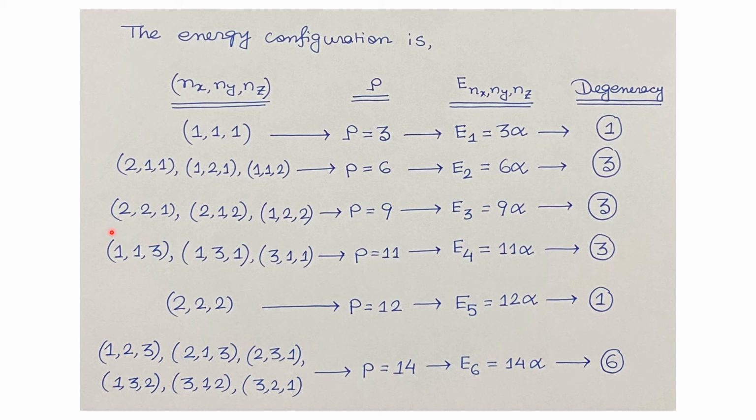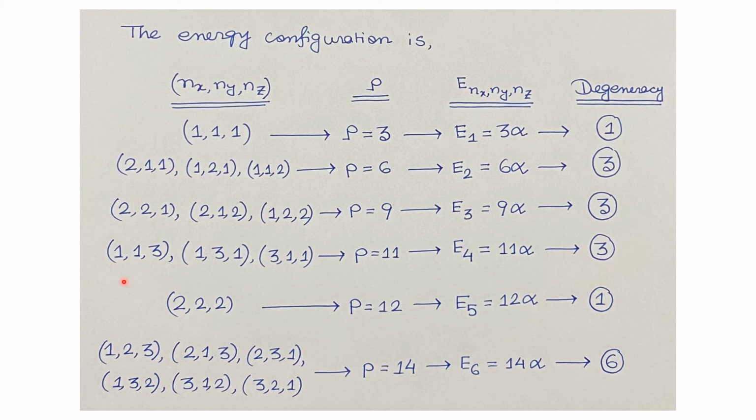Similarly, for the second excited state, the possible sets for nx, ny, nz are 2, 2, 1; 2, 1, 2; and 1, 2, 2. The P value is 9 here, and the energy for this second excited state E3 is 9 alpha. So the degeneracy here is 3.